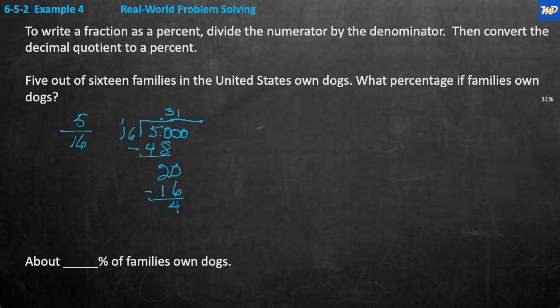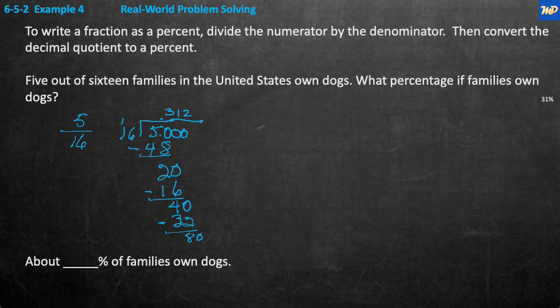Does 16 go into 40? Yes. How many times? 2 times. 16 times 2, excuse me, is 32. You can't even add or multiply. So it's going to go in here 2 times. 2 times 16 is 32. 40 minus 32 is 8.